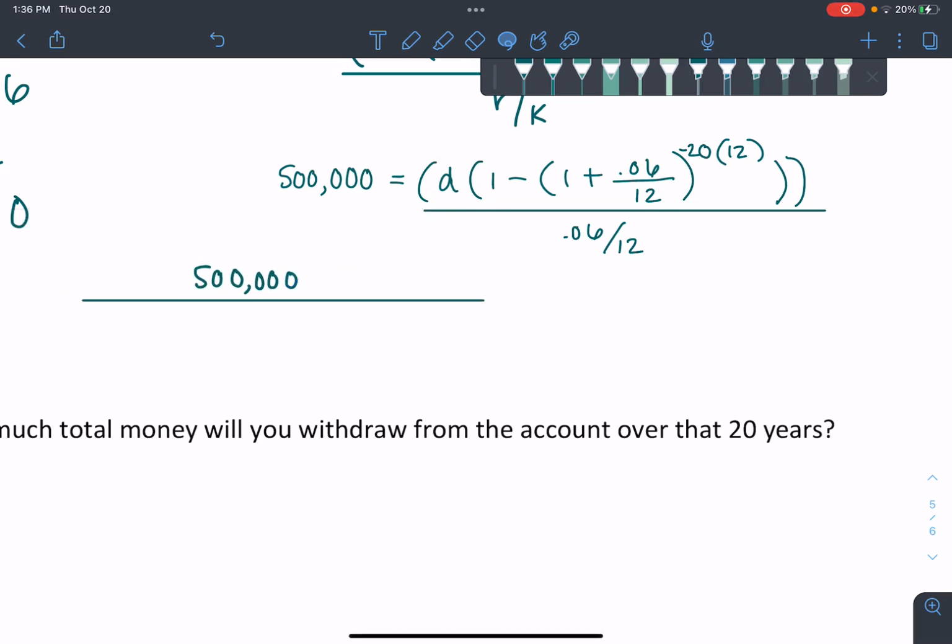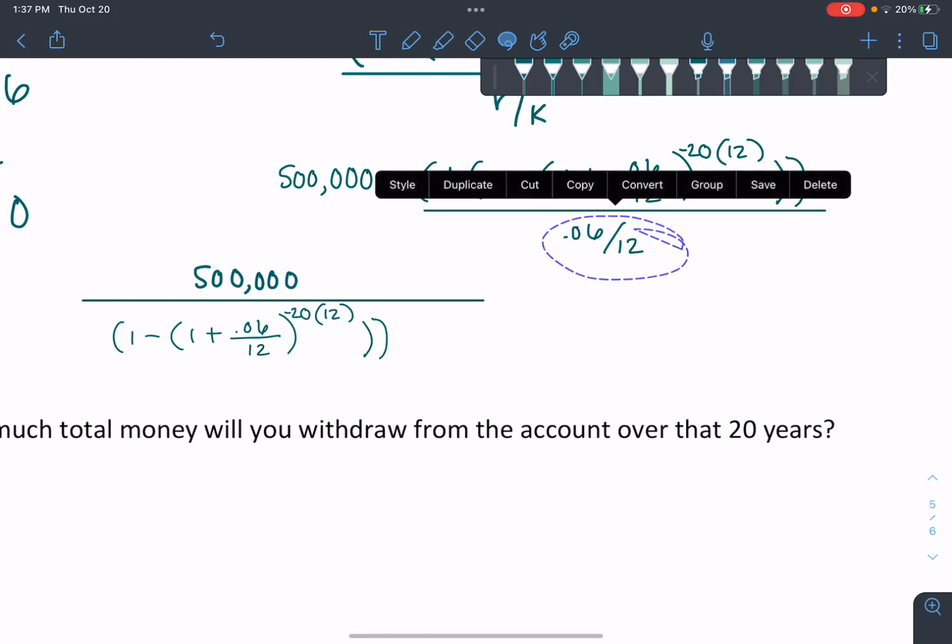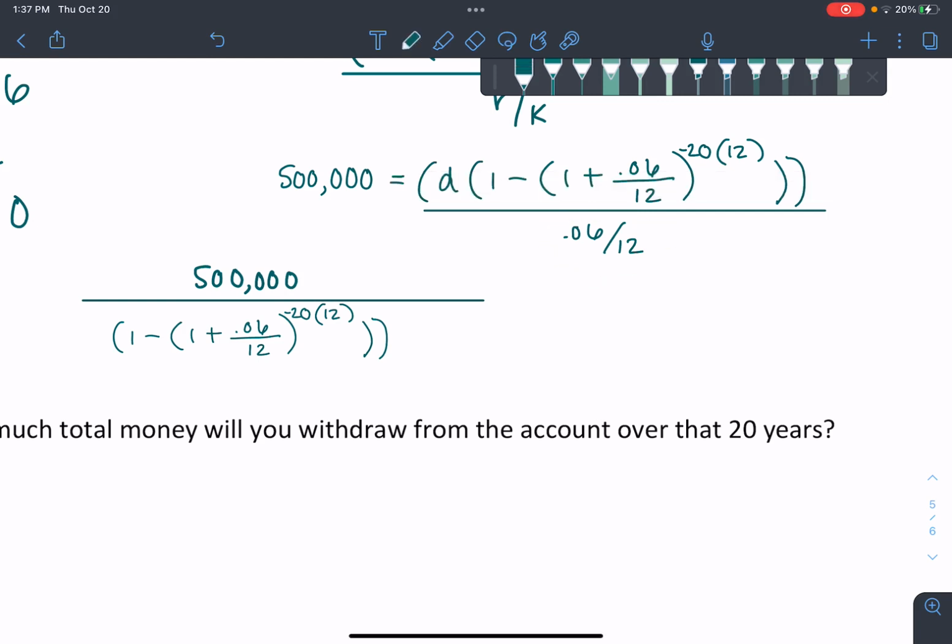And I'm going to divide everything except this D. I'm going to write the whole thing, so just give me a second to clean it all up. And then it's 500,000 over, and then that bottom bit.